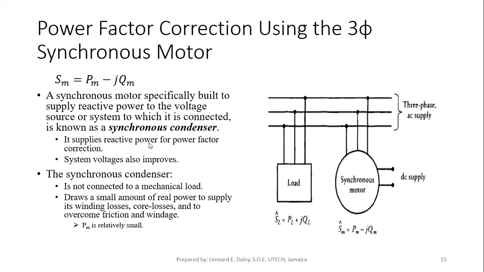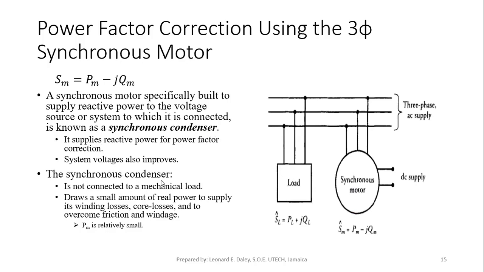All right, so the synchronous condenser supplies reactive power for power factor correction. And as it does that, it also improves the system voltages. I guess we have gone into that before, so you can dig up your notes on those from drives 1.